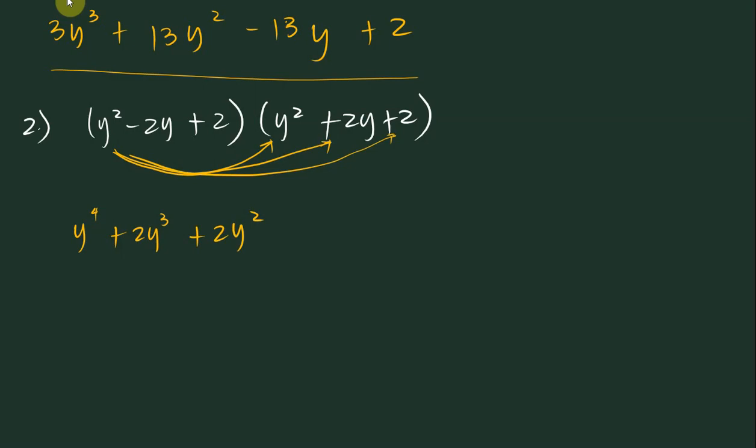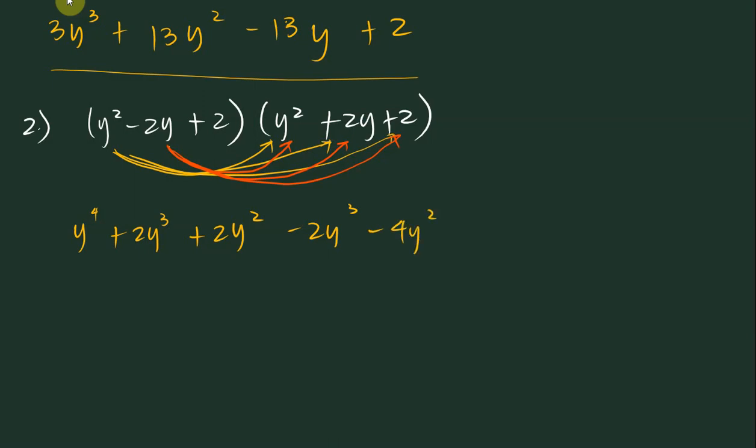And then this one, we do this one. That would give us minus 2y cubed, and then minus 4y squared, right?